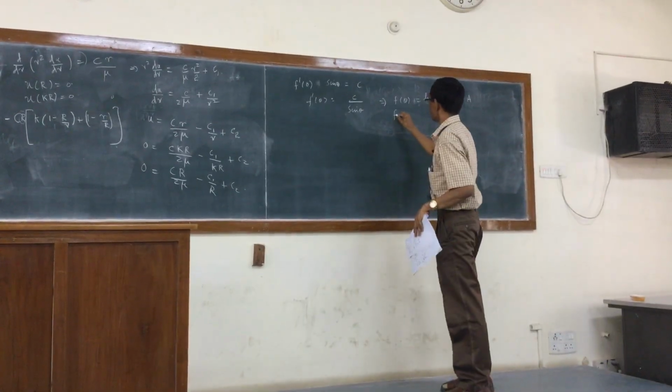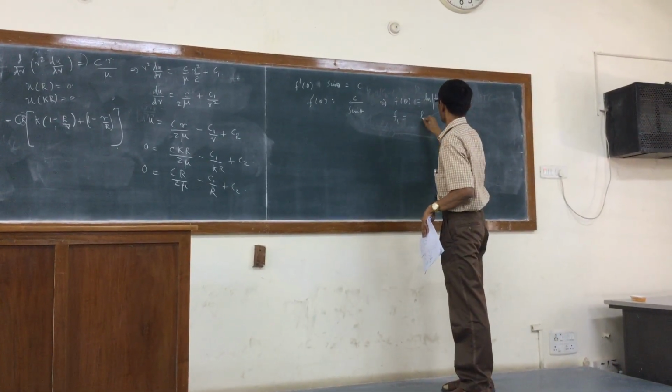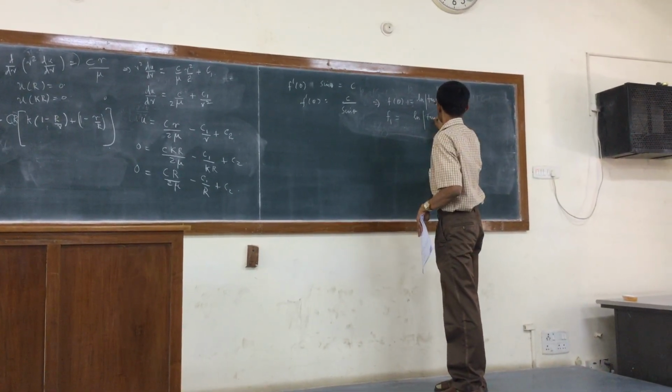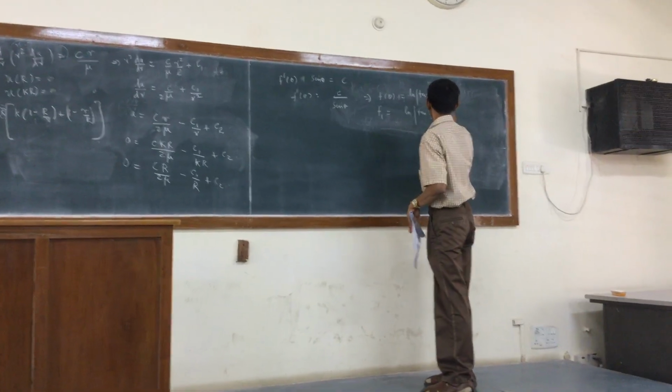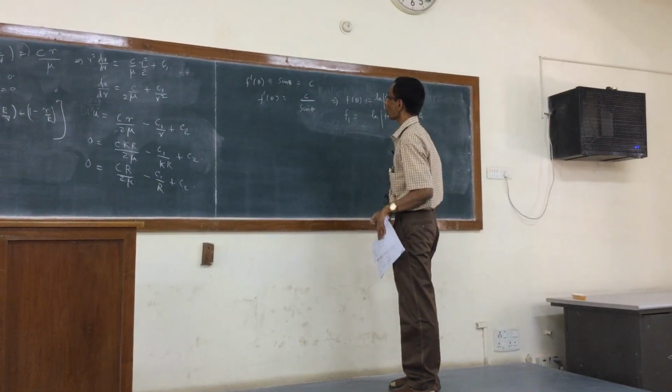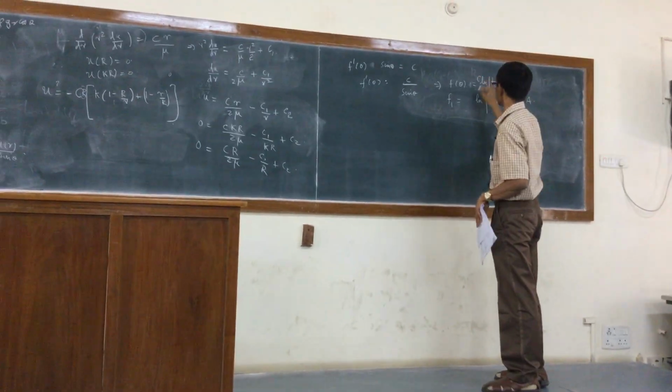So F1 is C times logarithm of tan epsilon by 2 plus A. C is here.